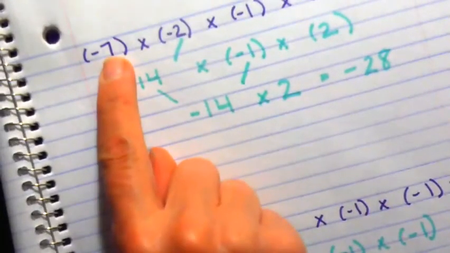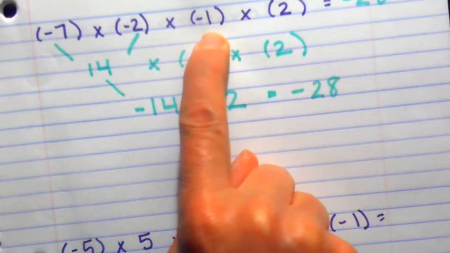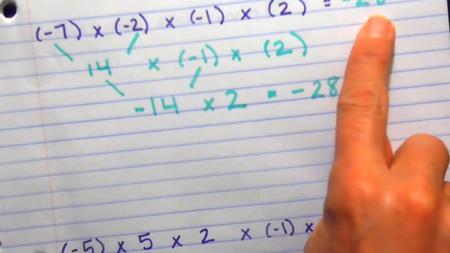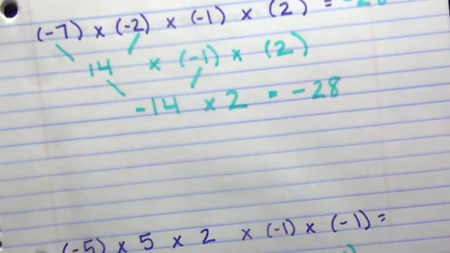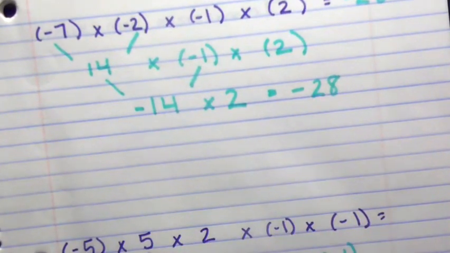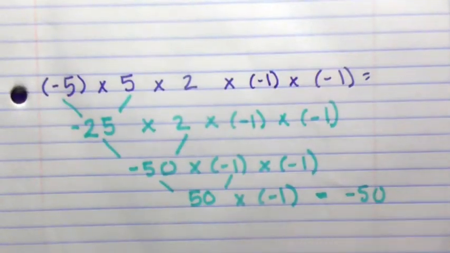How many negative numbers do we have here? 1, 2, 3 negative numbers. So I know my answer is going to be negative because it's an odd number of negative numbers. And finally, 3 again, I think. 1, 2, 3. And again, my answer was negative because I had an odd number of negatives.